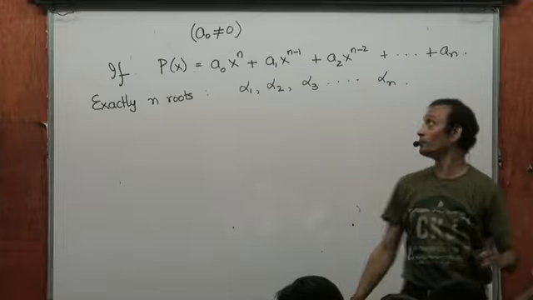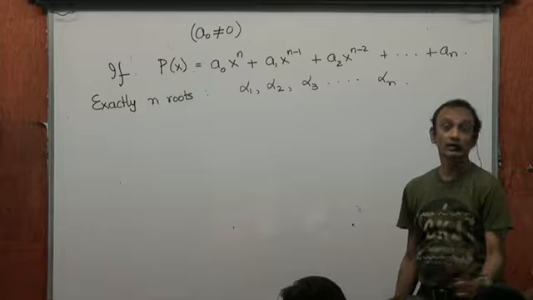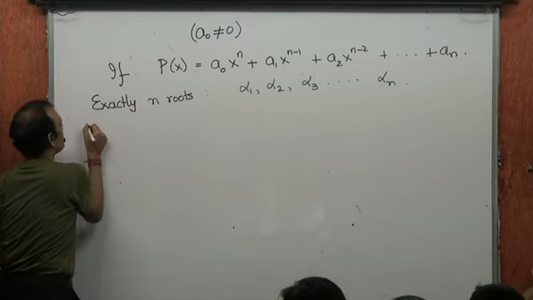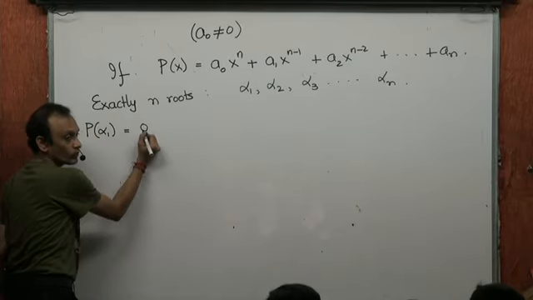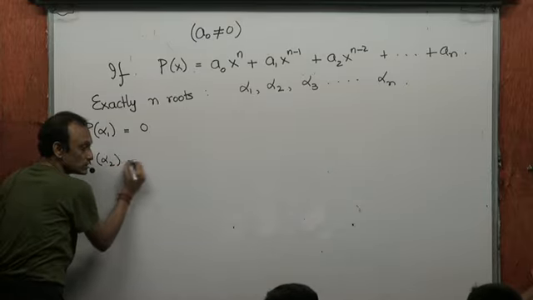That means this polynomial will vanish at x equal to alpha 1, at x equal to alpha 2, at x equal to alpha 3. That means the value of this polynomial P(x) at x equal to alpha 1 must be 0. The value at x equal to alpha 2 must be 0.